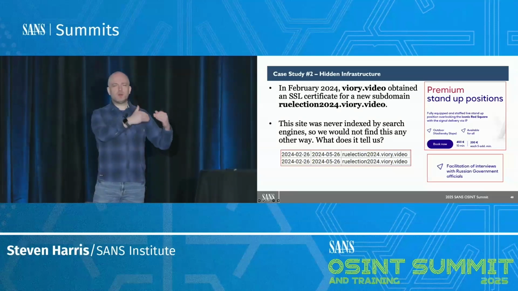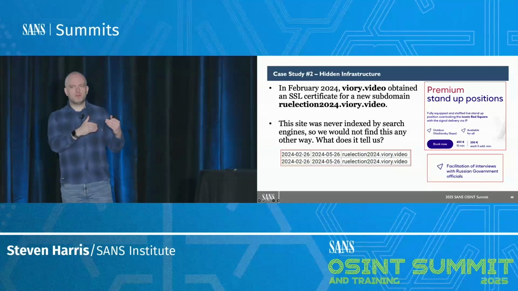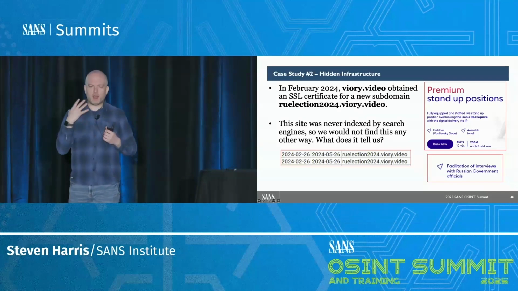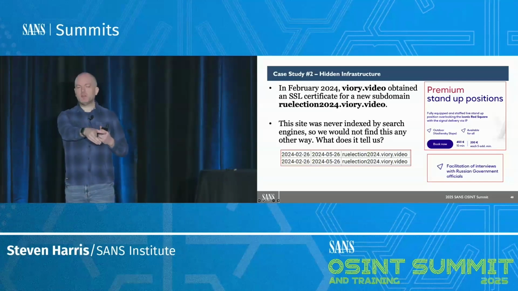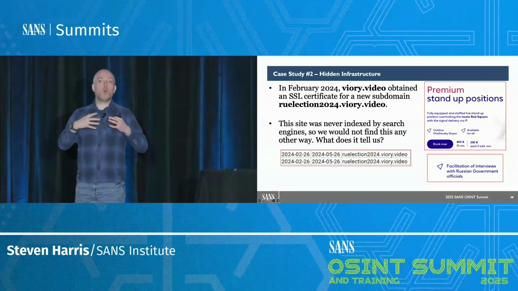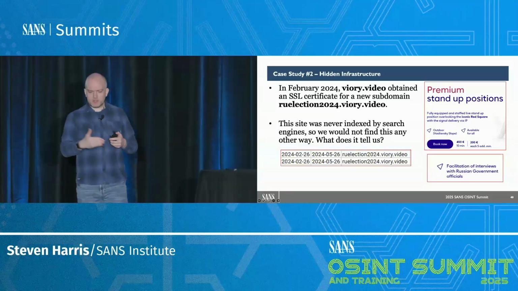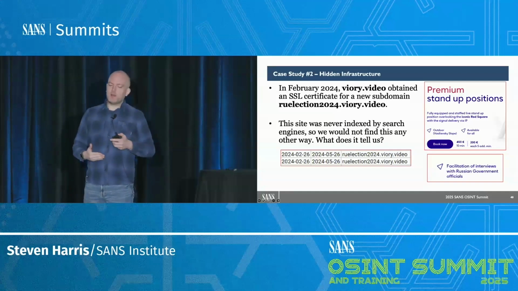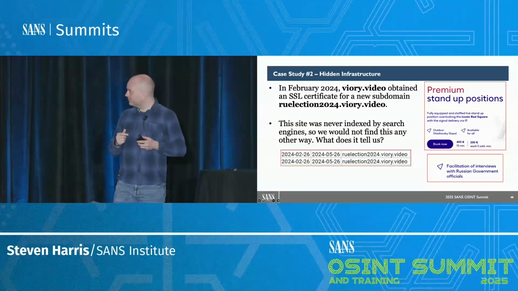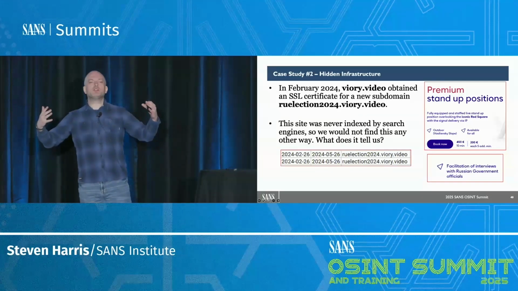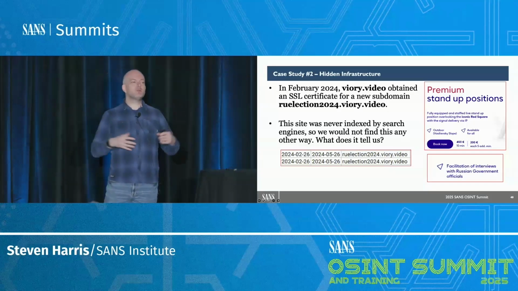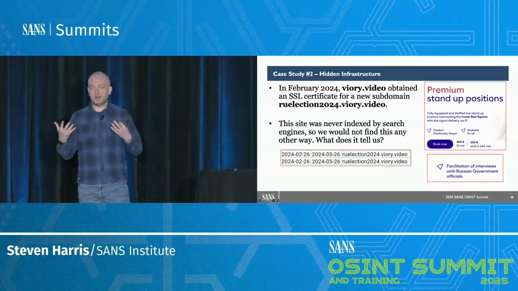It's not linked to internally from the Viori website. The only way, as far as I know, to have discovered this particular subdomain was through looking at the certificate history. So, being nosy, I went to visit this particular website, which I think is still there. It offers front row views for the announcement of the results of the Russian election.